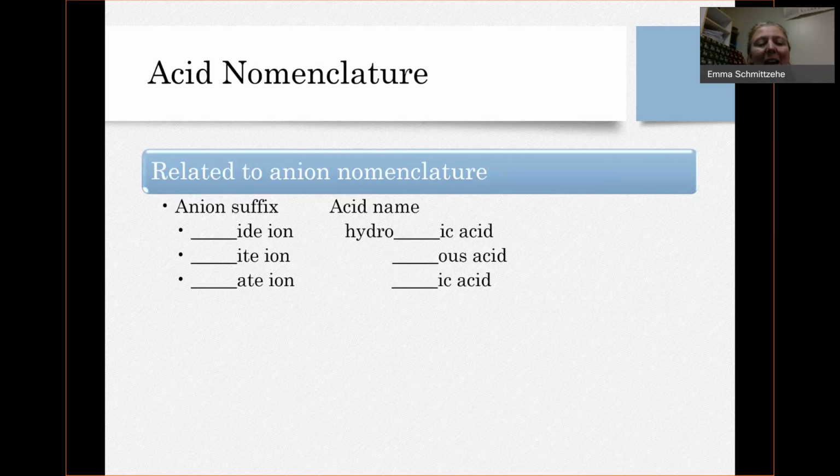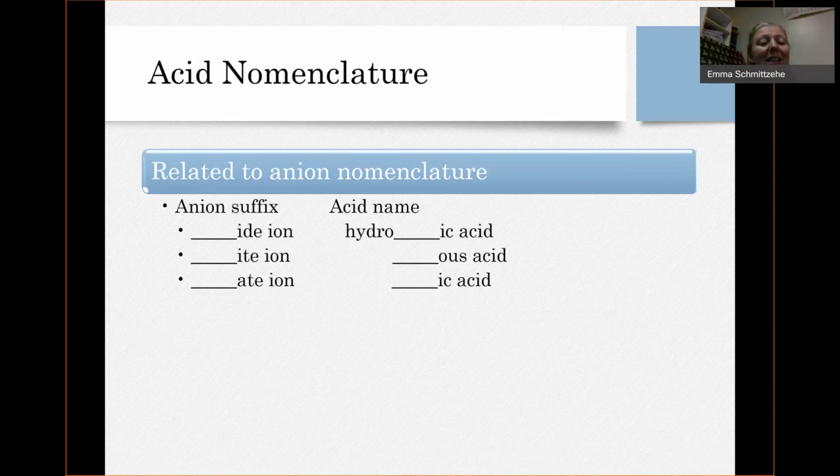Because anions have three different suffixes. Okay, when you name an anion, it either ends in "ide" ion, or "ite" ion, or "ate" ion. Okay, so it has an IDE, ITE, ATE ending.